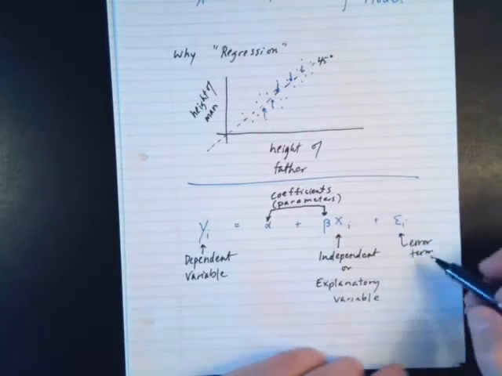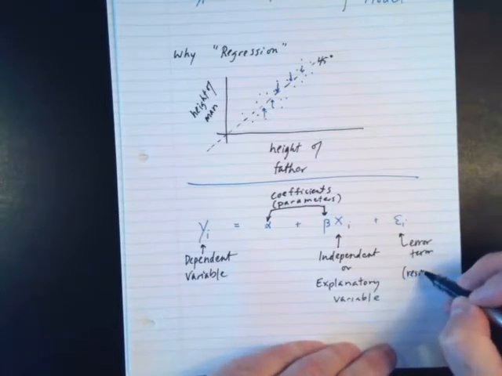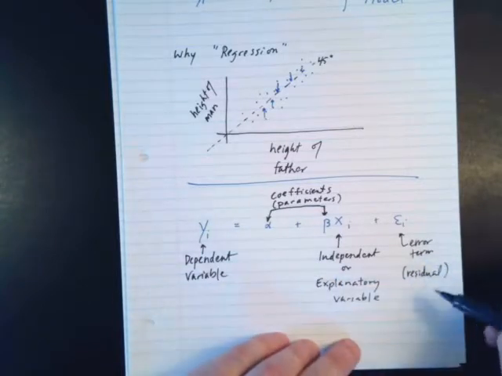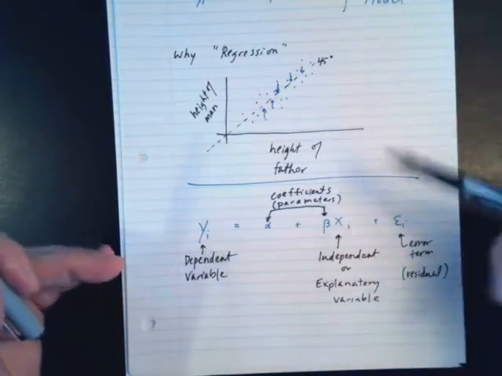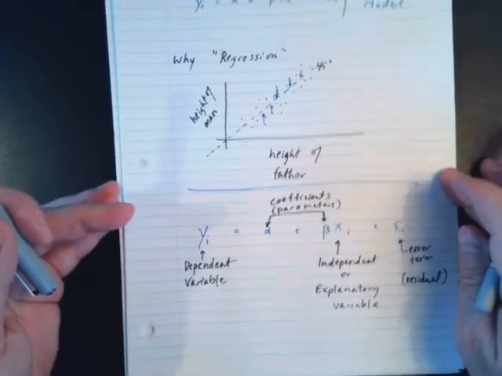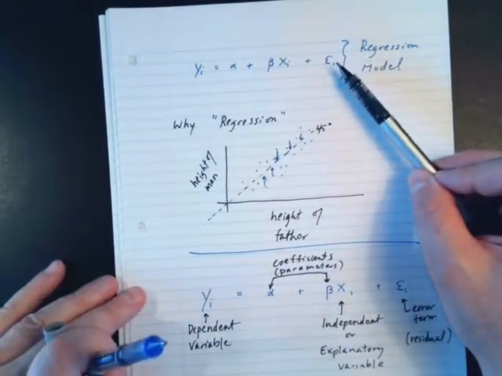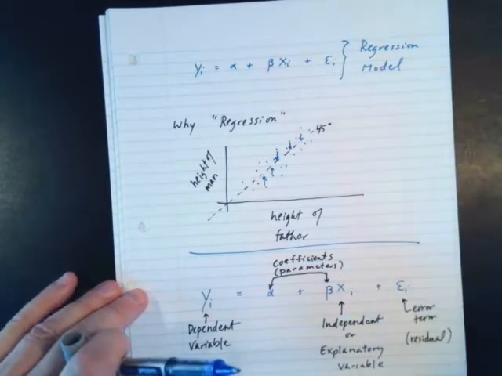Now, we're also going to encounter the term residual, but the error term and the residual are not going to end up being the same thing. When we fit a regression model, we will have residuals in the regression, and the residuals will be estimates of the error terms.